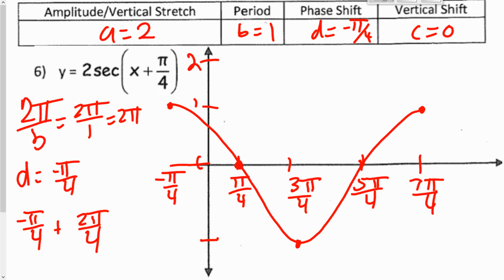It's 1, 0, negative 1, we'll do negative 2 down here. And so those are going to multiply by 2, so they become 2, 0, negative 2, 0, 2. Now we add our c, which is 0, so that doesn't change that.